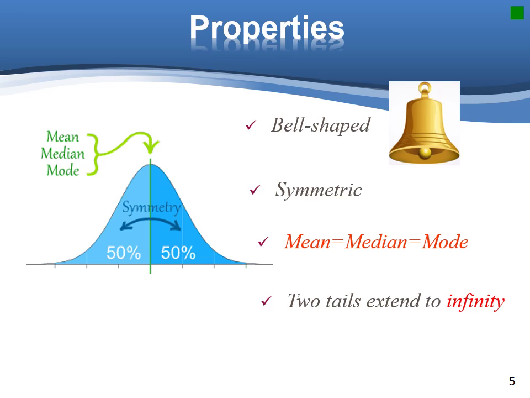The middle will be the mean, and it will also be the median and mode. Because it is symmetric, and the total area will be 1, each side will be 1/2, say 50% or 0.5.